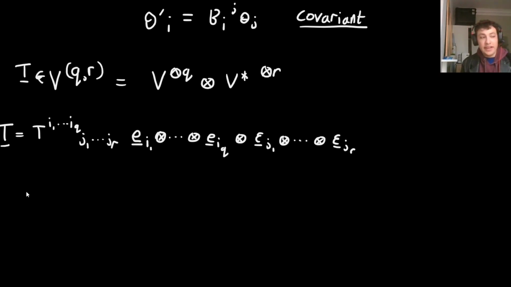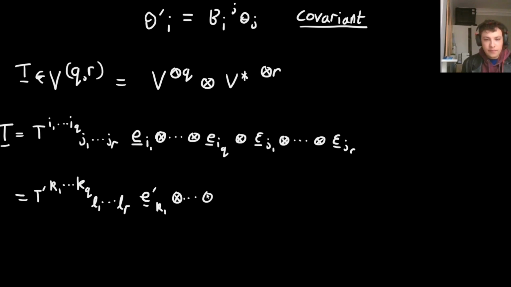Okay, but then in a change of basis, this is still T, with the new components T prime K1 to KQ, L1 up to LR, and then we have new basis vectors e prime K1 tensor up to e prime KQ tensor epsilon primed.